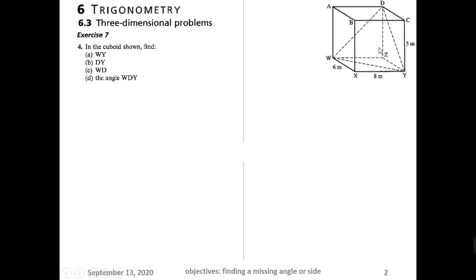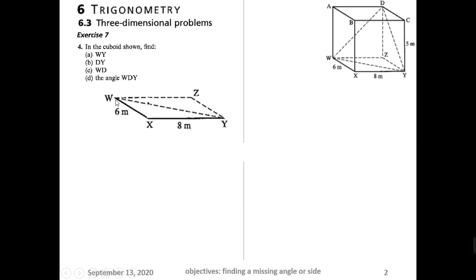So WY, like I said, I must take the ground floor or the face that is sitting on the ground, which is as follows, right? So this is a rectangle. If you build this cuboid, the face that is sitting on the floor is a rectangle. And WY is the diagonal, which is the distance between the two opposite points.